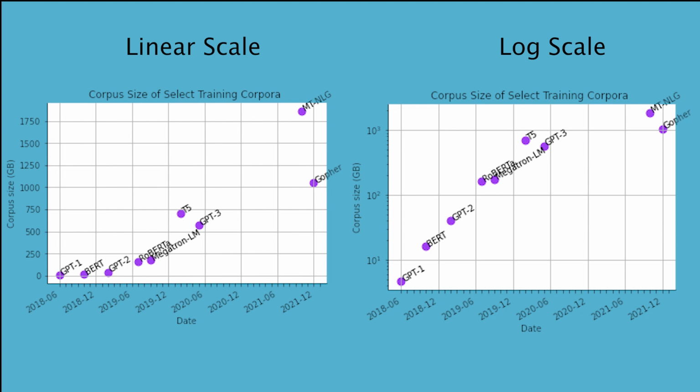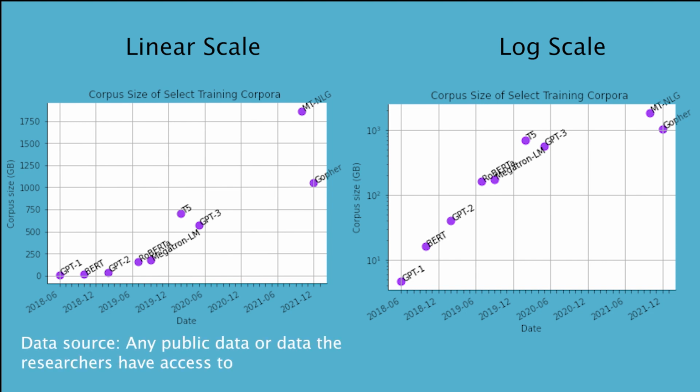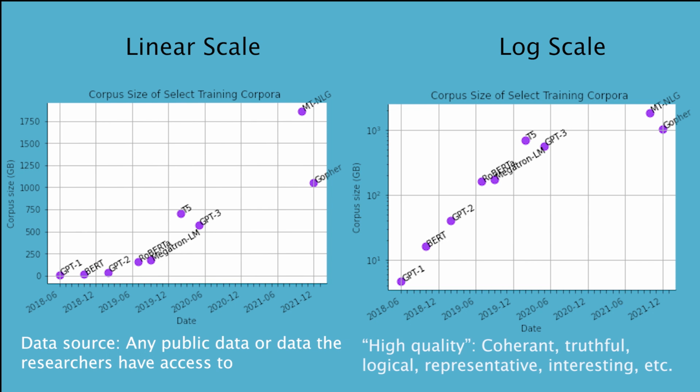So where do datasets of such size come from? Well, given that the goal of LLM pre-training is to produce a generalized representation of language, and language is ideally a representation of the world, researchers have been selecting corpora from diverse, widely ranging sources which are trusted to be high quality, in quotes.